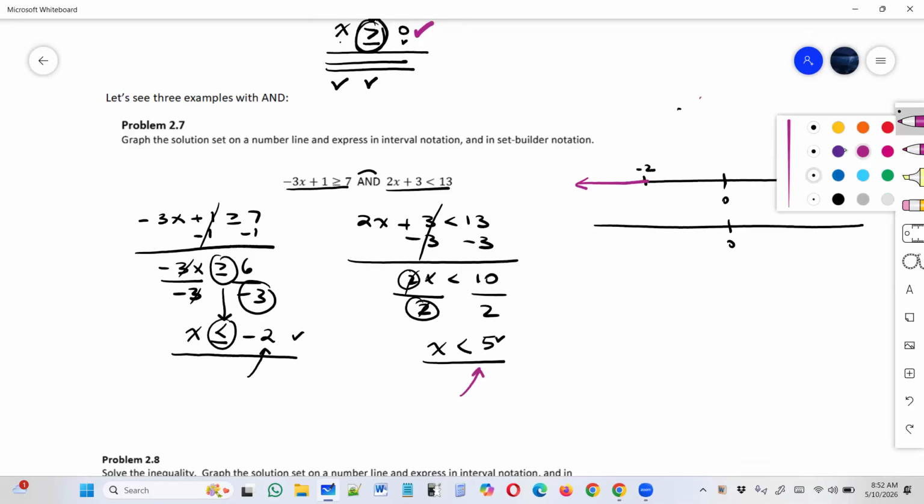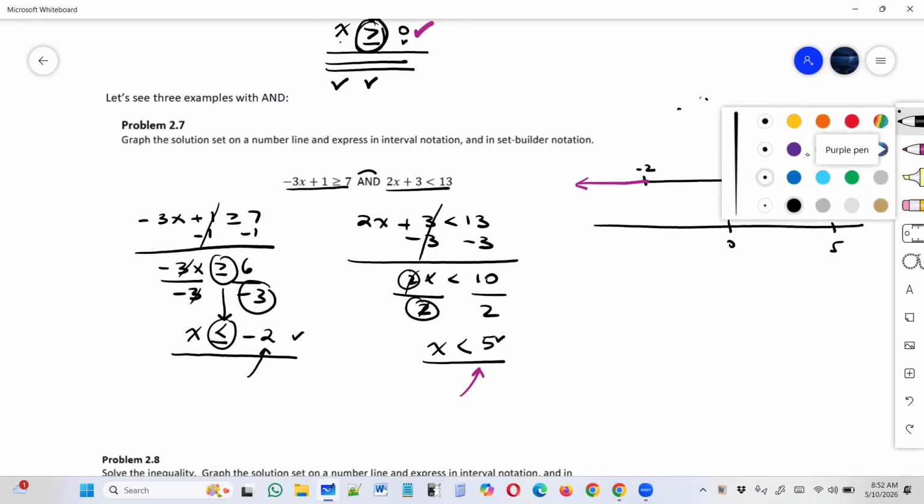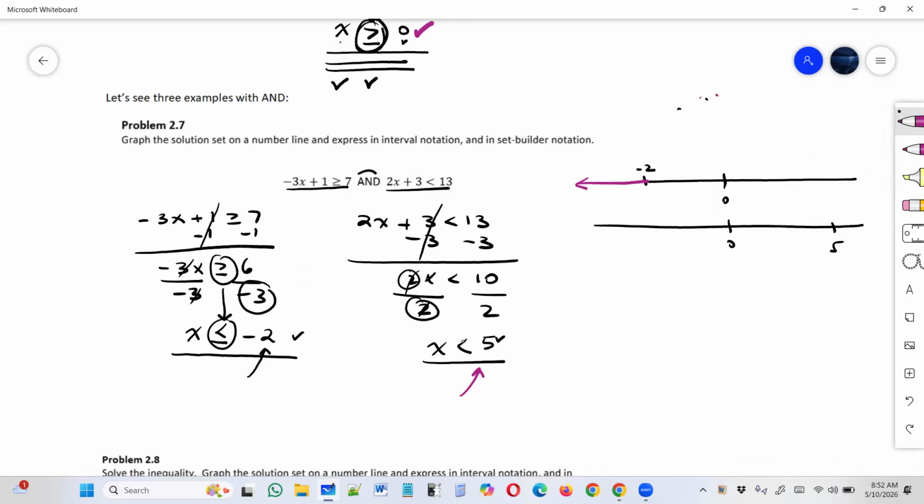I am going to plot the +5, which is here somewhere. And I'm going to shade it in the direction of the inequality, which is again to the left. So all of this segment is graphed. Now, keep in mind, for the first case, because I have an equal sign, we use square bracket. And for this case, we use parentheses.